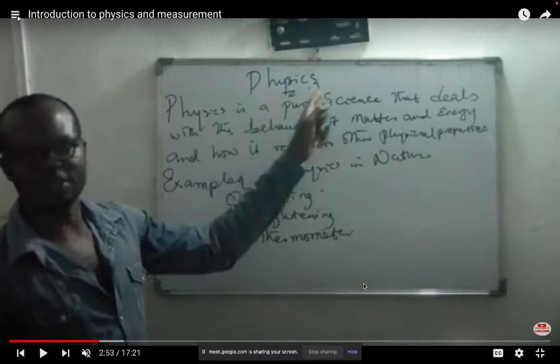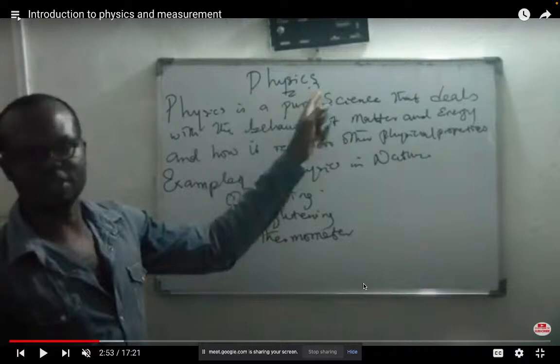Very, very important. Whenever you hear the word energy, then we are talking about physics. Whenever you hear the words energy, matter, and motion, these three words have a lot to do with physics: matter, energy, and motion.